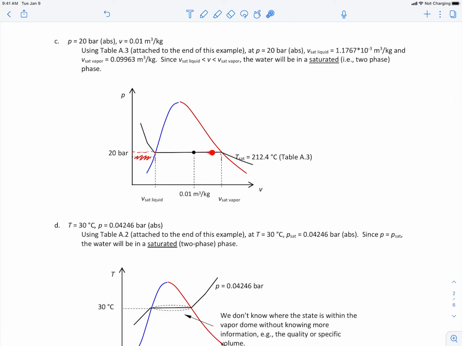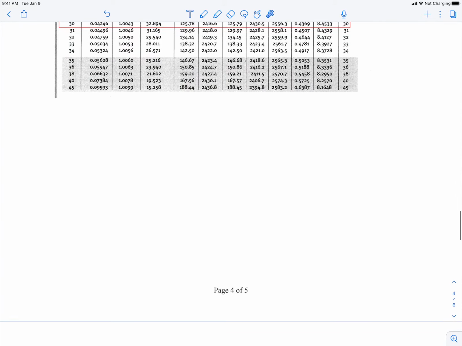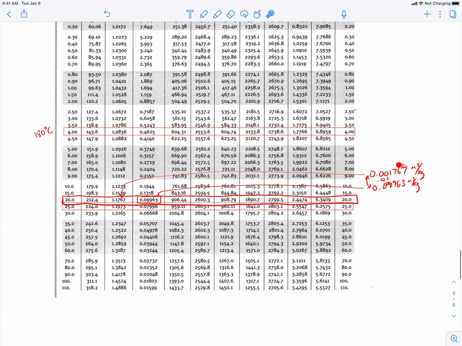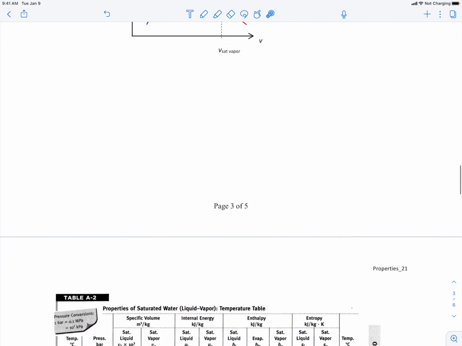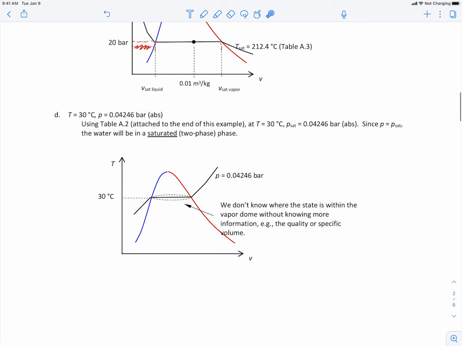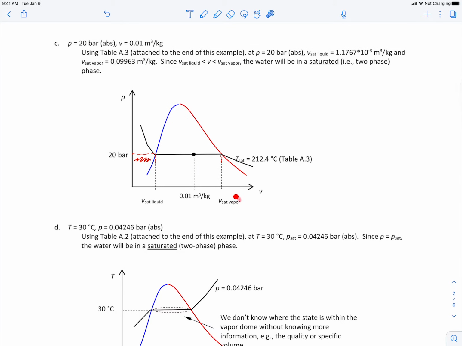And then our saturated liquid specific volume from that table we said was 1.1767 times 10 to the minus 3. Again, just going back down to this table. Sorry, I'm probably making you dizzy. It's this value right here. And then the saturated vapor specific volume is 0.09963, which is this one right here.